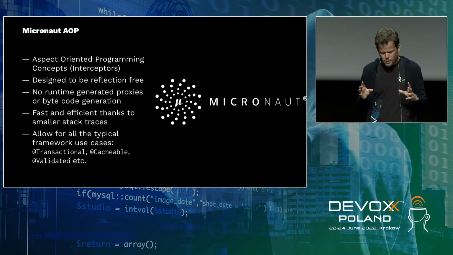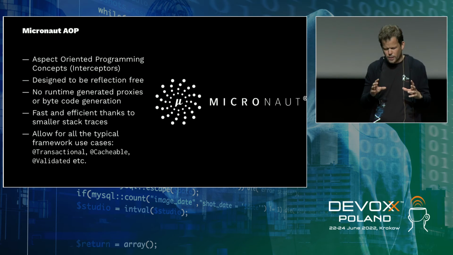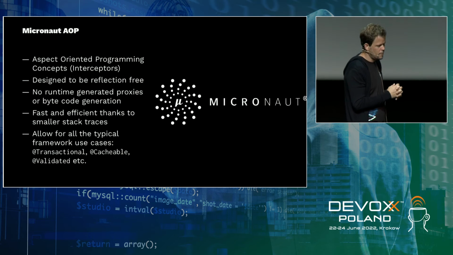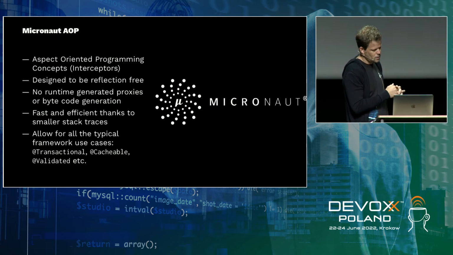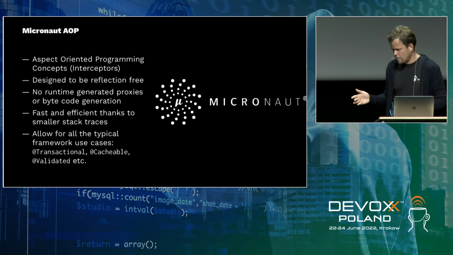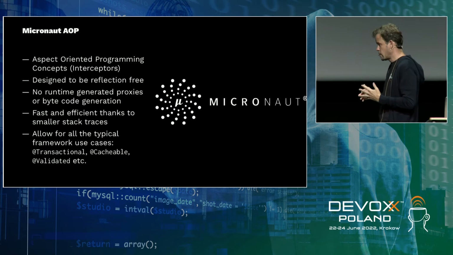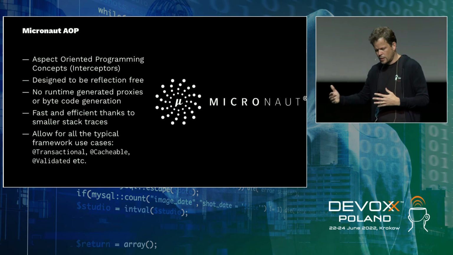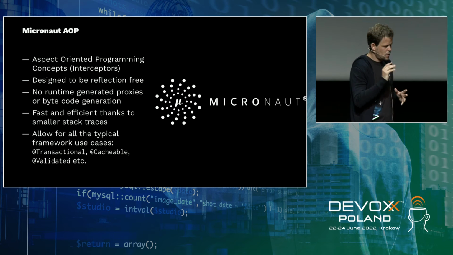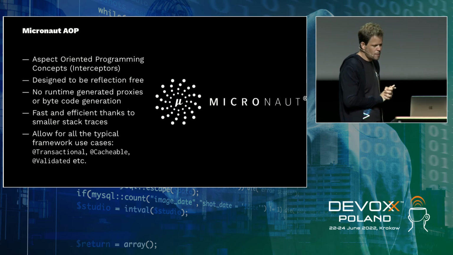But Spring's is based on runtime generated proxies, and Micronaut's is based on build time computation essentially. It doesn't use reflection, it doesn't do runtime generated proxies, and it doesn't do runtime bytecode generation. Everything is direct method invocation.